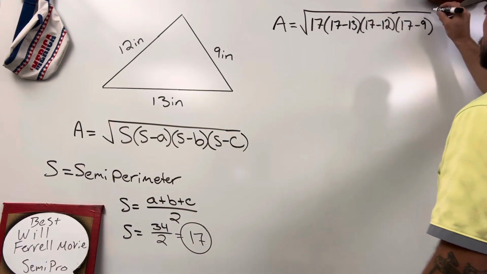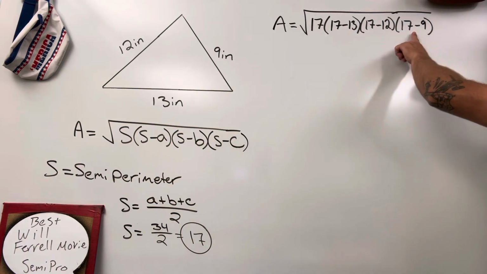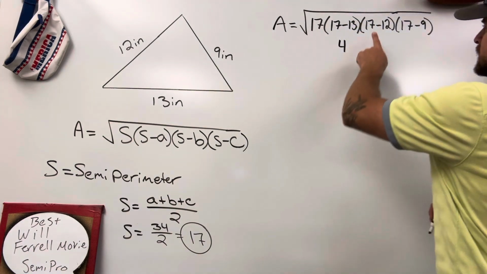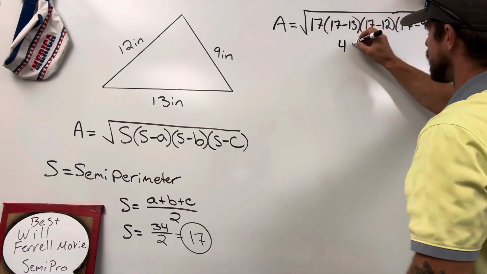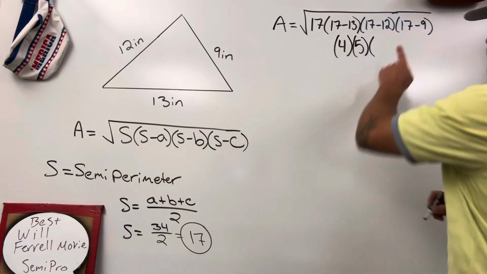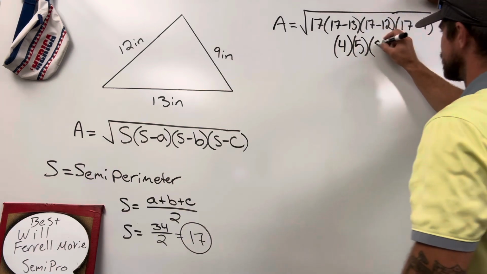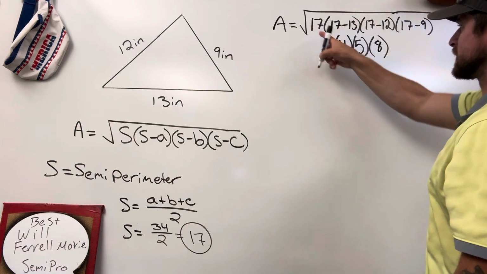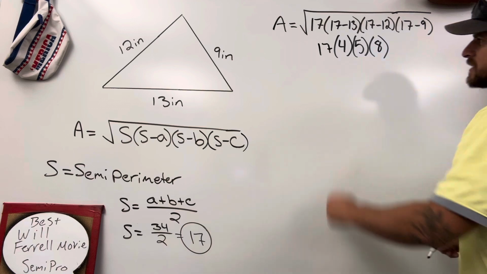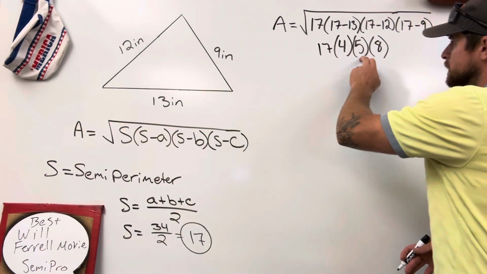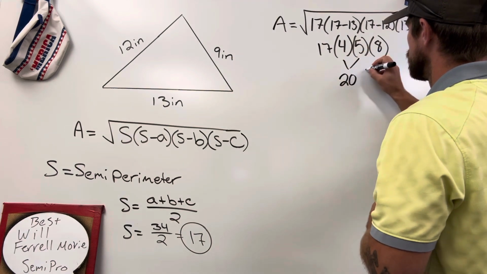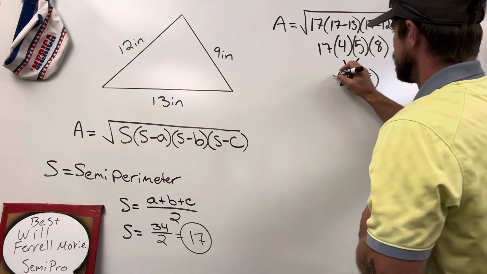So now we're going to have 4 terms after we simplify each of the grouping symbols. 17 minus 13, that's going to leave me with just 4. 17 minus 12, that's going to leave me with 5. So 4 times 5 times 17 minus 9, which is 8. And then don't forget to multiply 17 at the end by all of it. So I'm going to use these smaller values first, just makes it easier for me to do my calculations. 4 times 5 is 20, times an 8 and a 17.